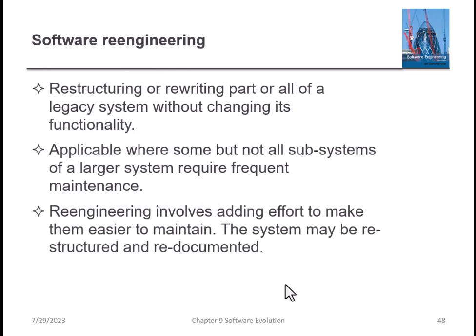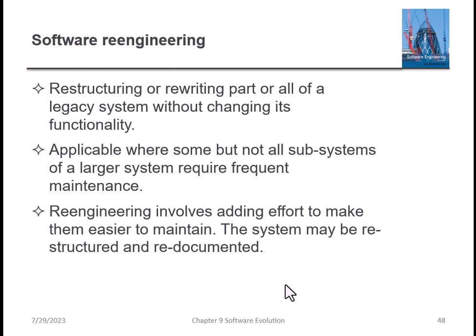Now, software reengineering. It is a very important activity that is applied during maintenance. Reengineering includes restructuring or rewriting part or all of a legacy system without changing its functionality.